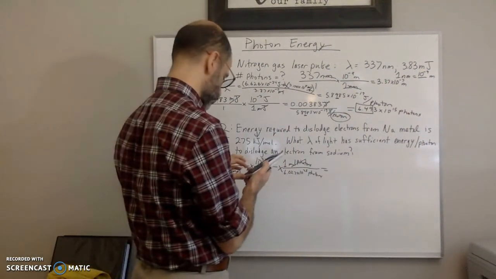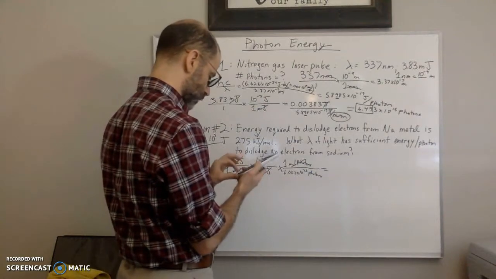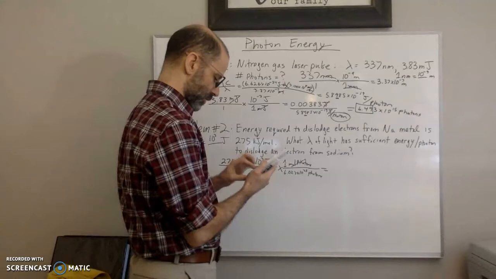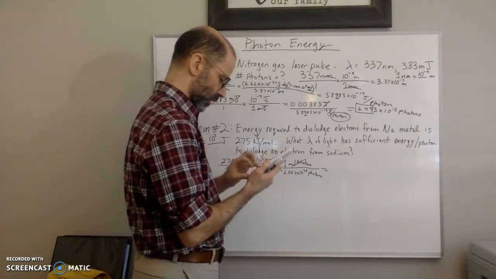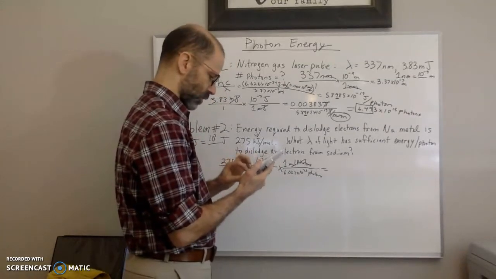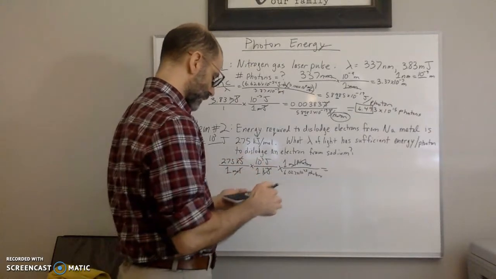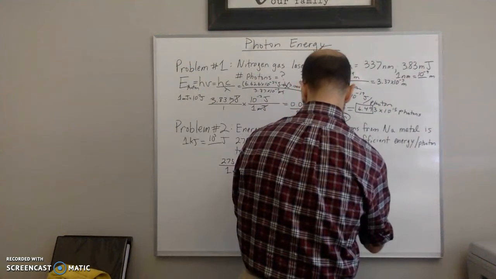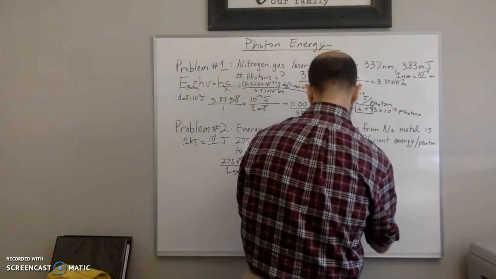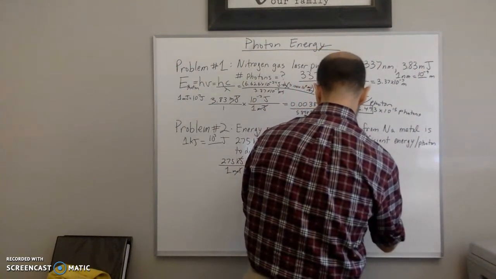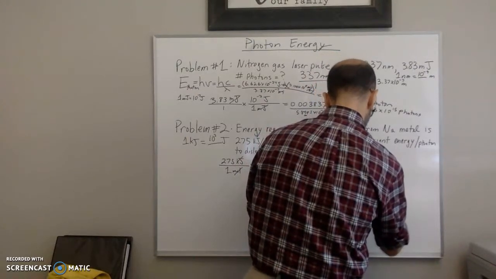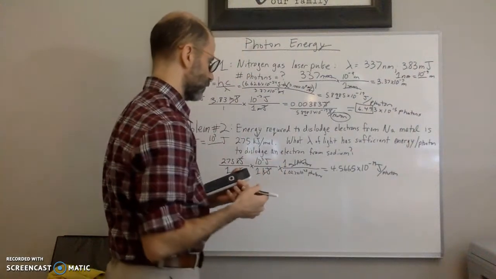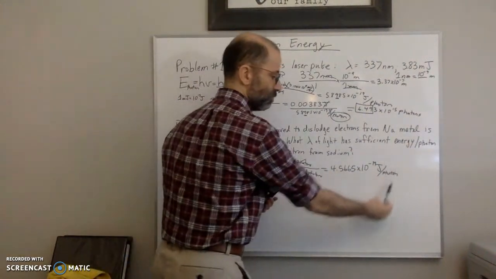So I have 275 times 1,000 divided by 6.022 times 10 to the 23rd equals, and this gives me joules per photon, which seems right: 4.5665 times 10 to the negative 19 joules per photon. That seems to be the correct magnitude. So now we have the energy per photon.